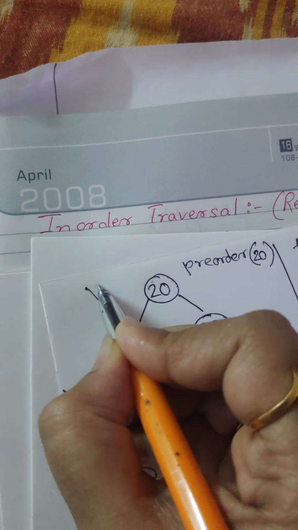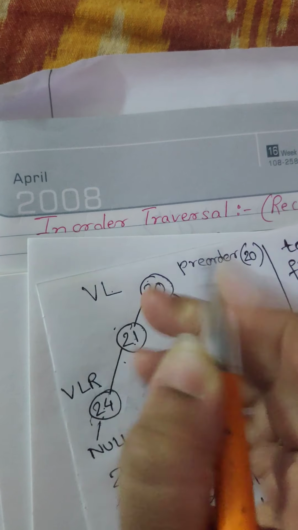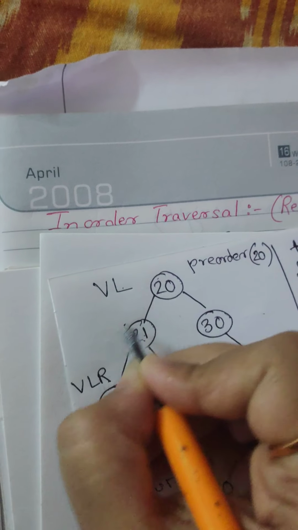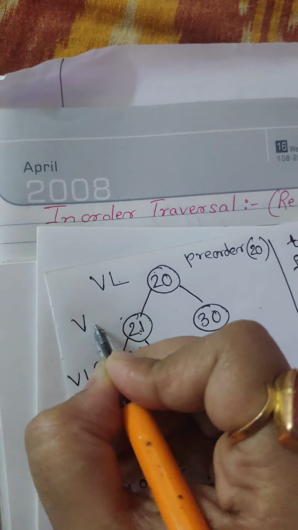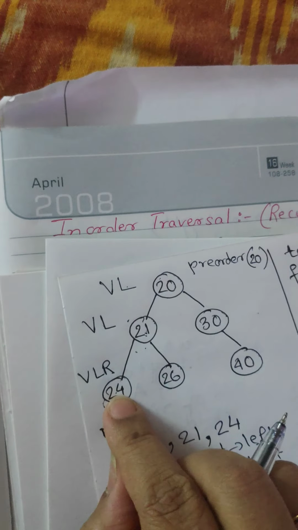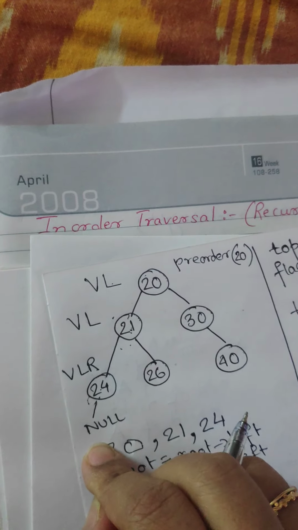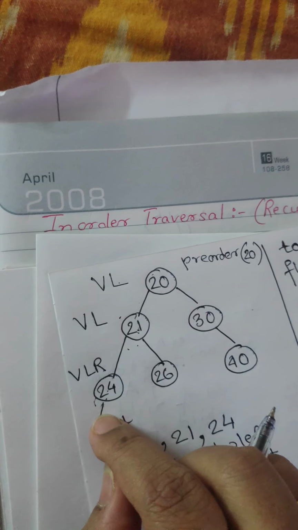So, as we have visited 20 and come to the left side of 20, we have put 20 onto a stack. When we came to 21, we visited 21, put it onto a stack and came to the left side of 21. We came to 24, visited 24 and came to the left side of 24, and we have seen that the left side of 24 is null.